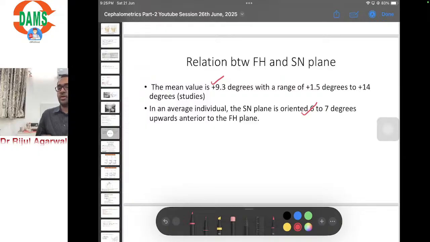Because of this tilting up and down, the position of the nasion will change. So the SNA, SNB values, because of the change in the SN position related to the head, will also change, and subsequently all your cephalometric values will get hampered. So the diagnosis will also change.